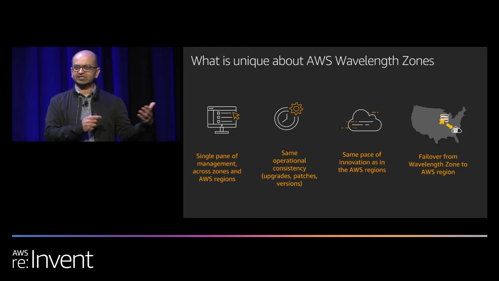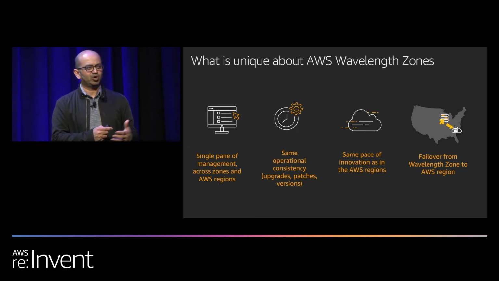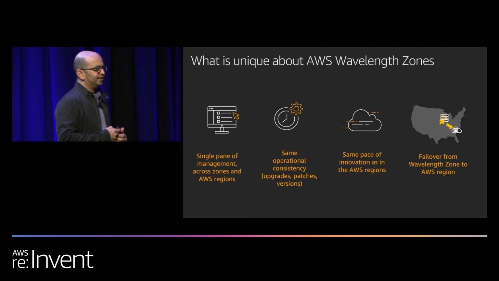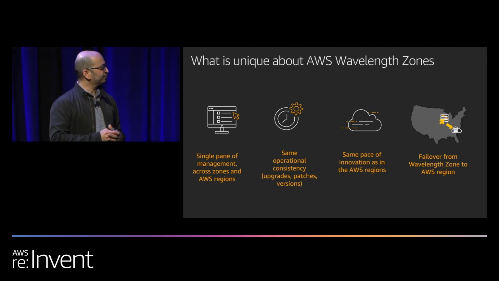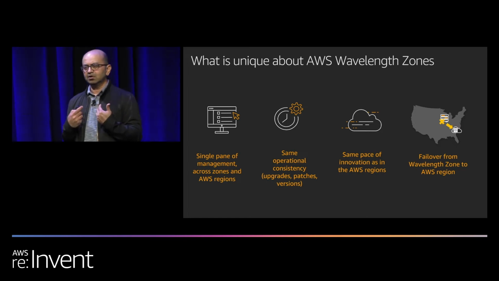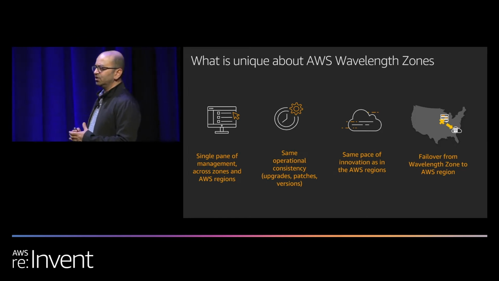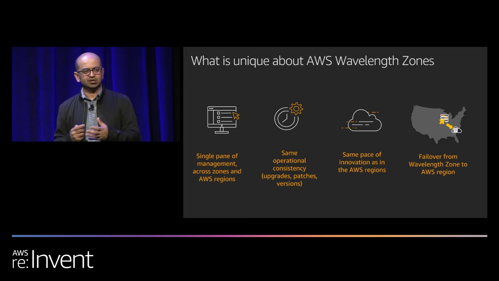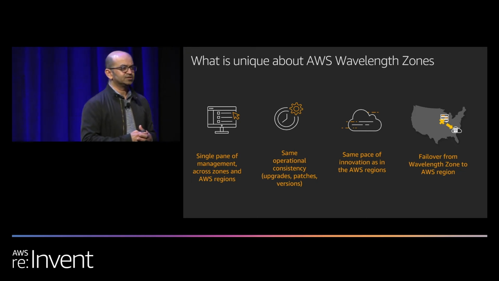So again, it's a seamless extension of the region to deploy applications. You can deploy applications in the wavelength zone or in the region, and you can move them around, and the experience is the same. So again, four characteristics that make our approach to delivering edge computing in 5G networks unique compared to some of the other approaches that are being attempted in the industry in this space.